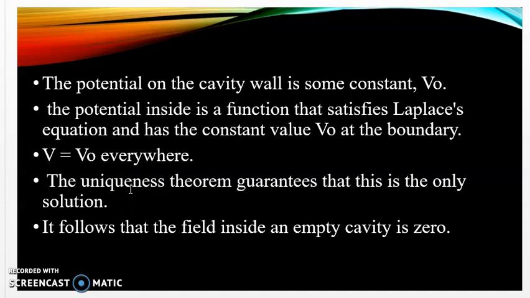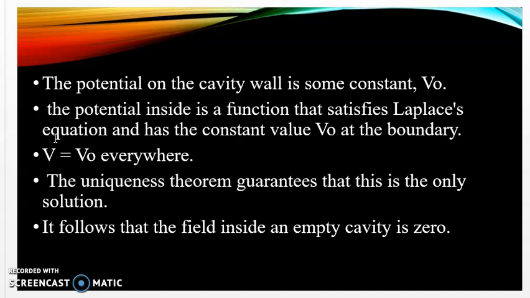This also follows that the field inside an empty cavity is zero, and if the field inside an empty cavity is zero, then V must be equal to V naught. Now we want to show that it is indeed constant, because the actual value we are looking for in this case is constant.